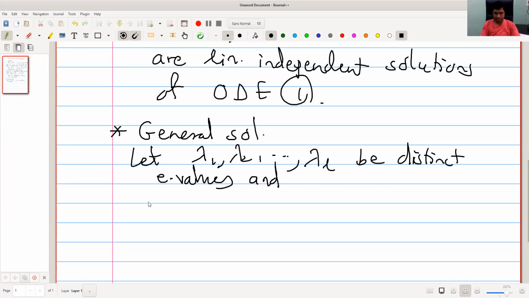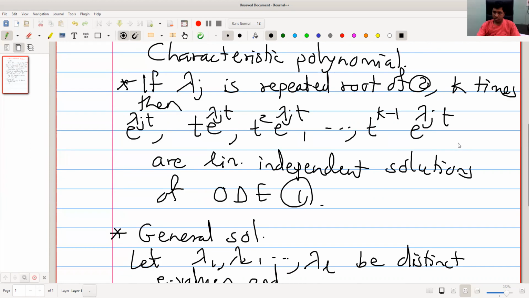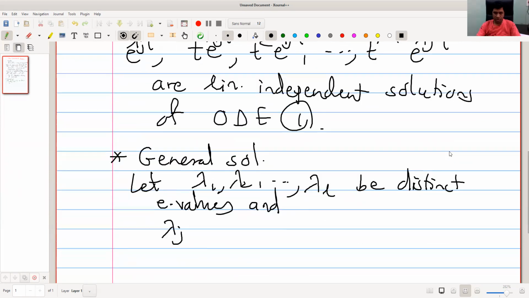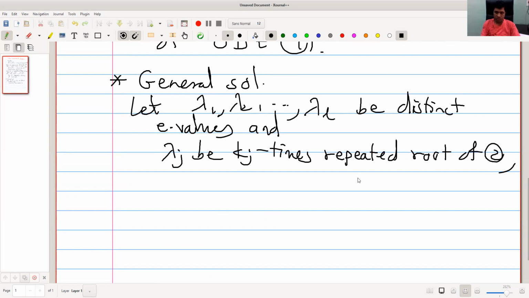And let lambda j be a repeated root, k suffix j times repeated root of the characteristic polynomial.